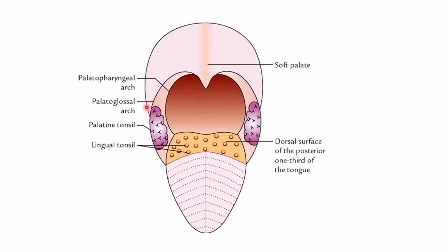This fossa is formed in front by the palatoglossal arch, behind by the palatopharyngeal arch, the base of which is formed by the posterior 1/3 of the tongue, and the apex is formed by the meeting of the two arches above. So this is the picture where we can have an easy idea about the tonsillar fossa.